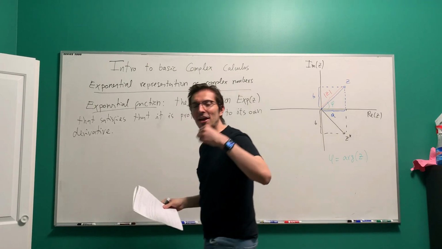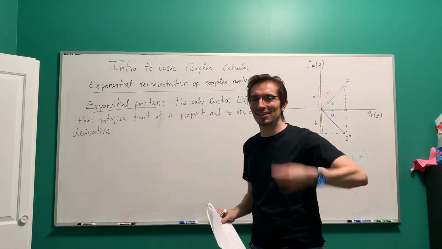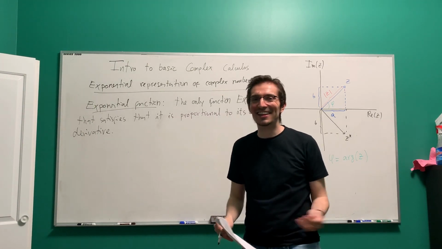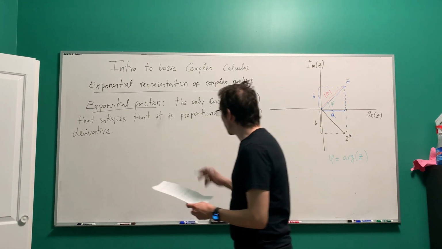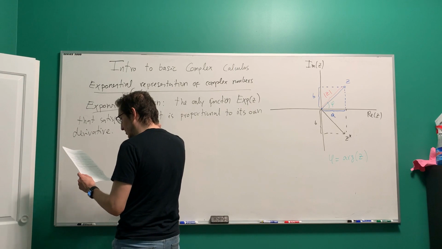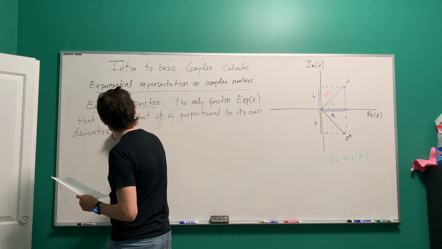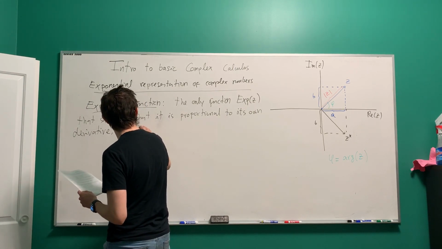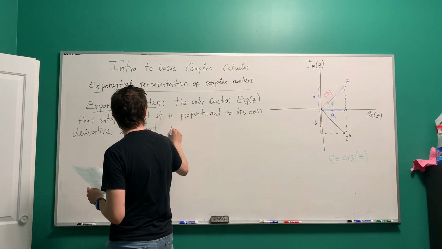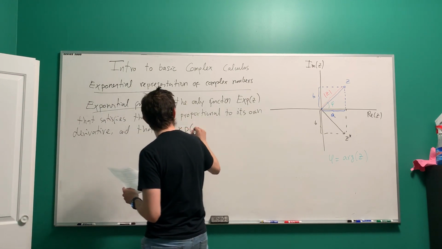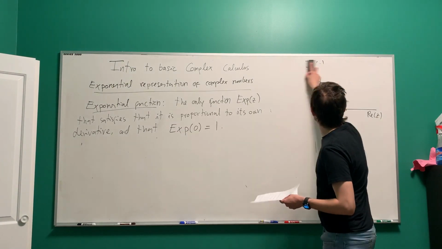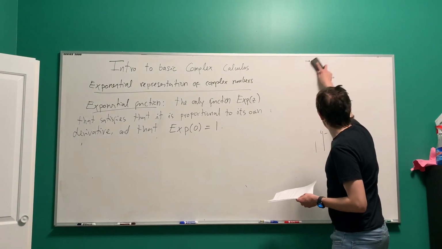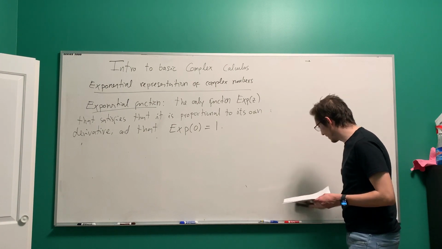Remember that? The derivative of e to the x is e to the x. It's the most difficult function to differentiate or integrate, right? Proportional to its own derivative, and also that the exponential of 0 is 1. Let me erase this and write this condition in a math equation.